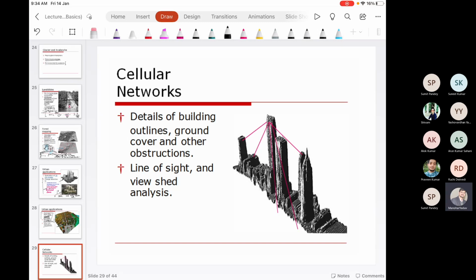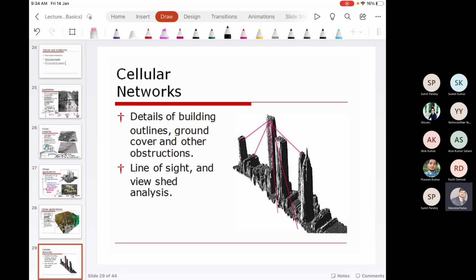Dense tree canopy and tree locations are captured. That kind of obstruction, that kind of encroachment, can be identified very easily, and further the required corrections can be done.